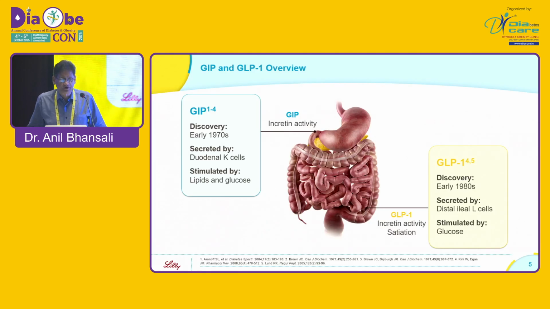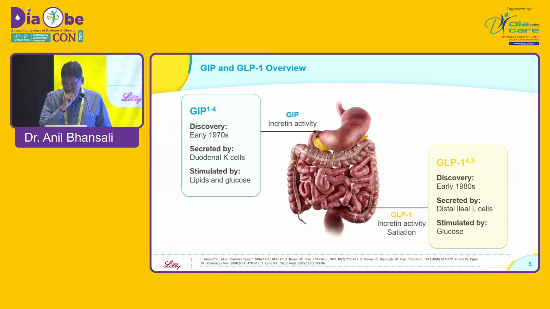So a word about the GIP and GLP-1 overview. GIP was discovered way back in the early 1970s. It is secreted by the K cells of the duodenum, and it is stimulated not only by glucose but by lipids. So free fatty acids are also important in stimulating the GIP from the gut. On the other side, the GLP-1 was discovered in the early 1980s. It is secreted by the distal ileal L cells, and it is stimulated predominantly by glucose.